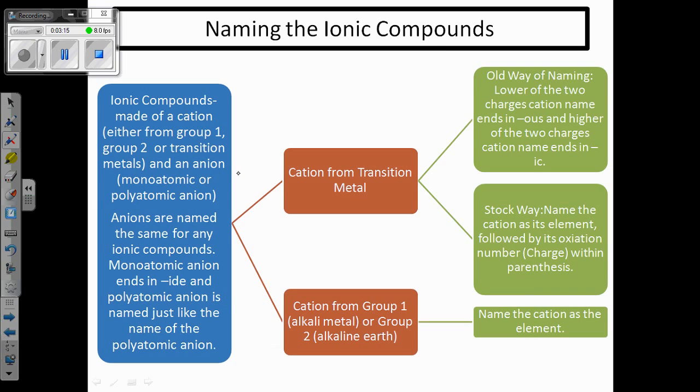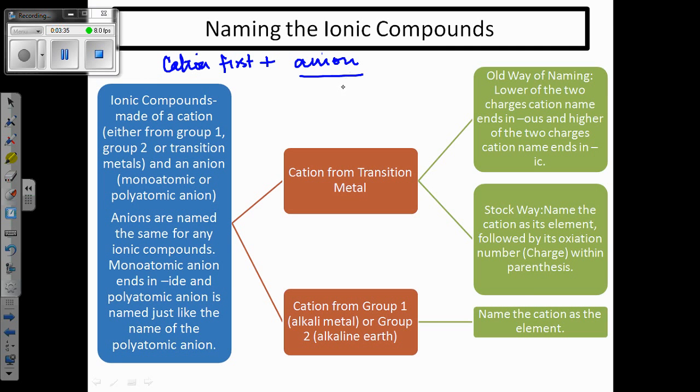Moving on to naming of ionic compounds. To name an ionic compound, you name the cation first, and then you name the anion. The anion is always named the same way, whether your cation comes from group 1 or 2 or the transition metals.